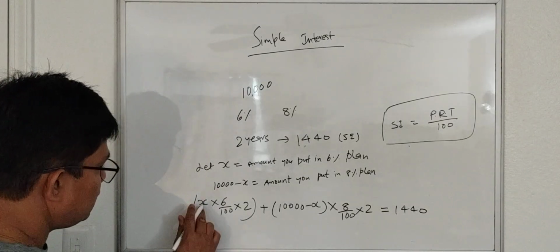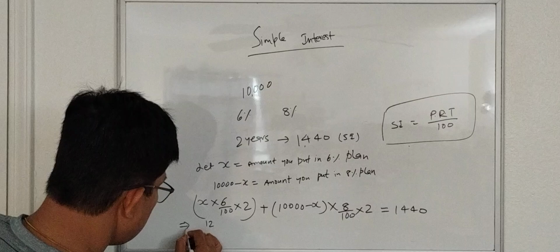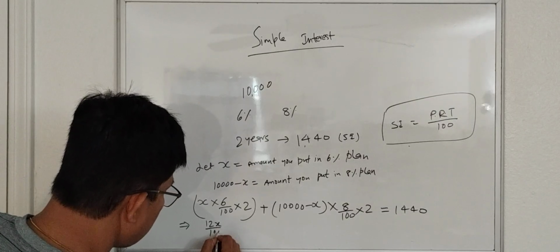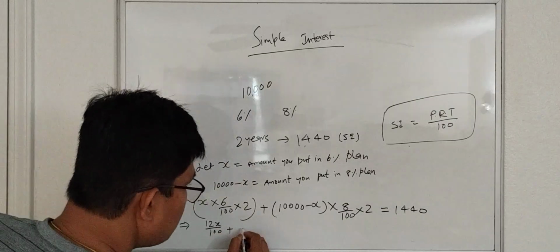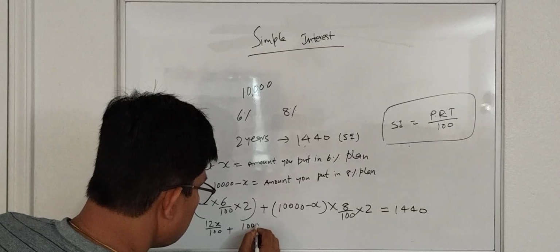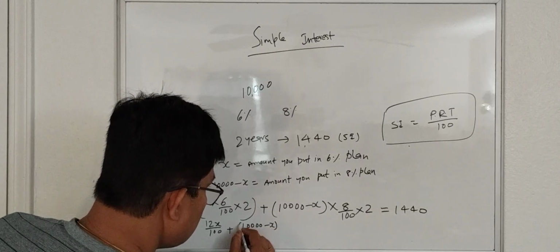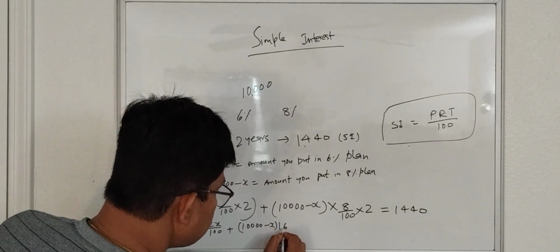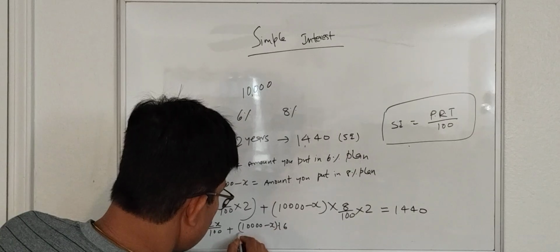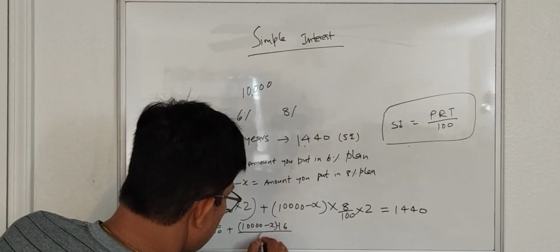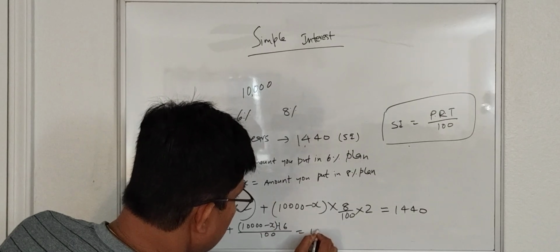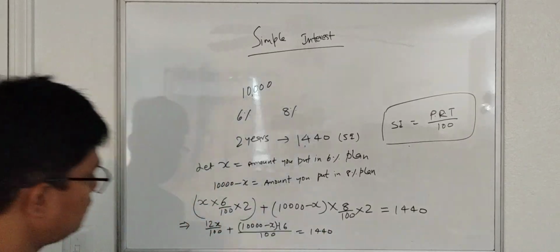Okay. Let's do that. So this will be 12X divided by 100. Correct? And this will be 10,000 minus X and then times 16 divided by 100 is equal to 1,440. Okay?